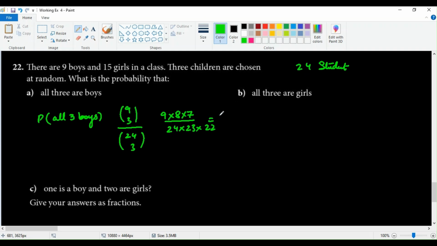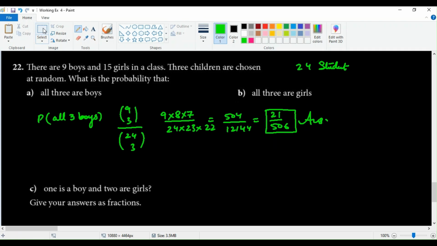Ultimately, this is going to give us 504 divided by 12,144. Simplifying this is going to give us 21 over 506, which is the answer for the first part of the question.